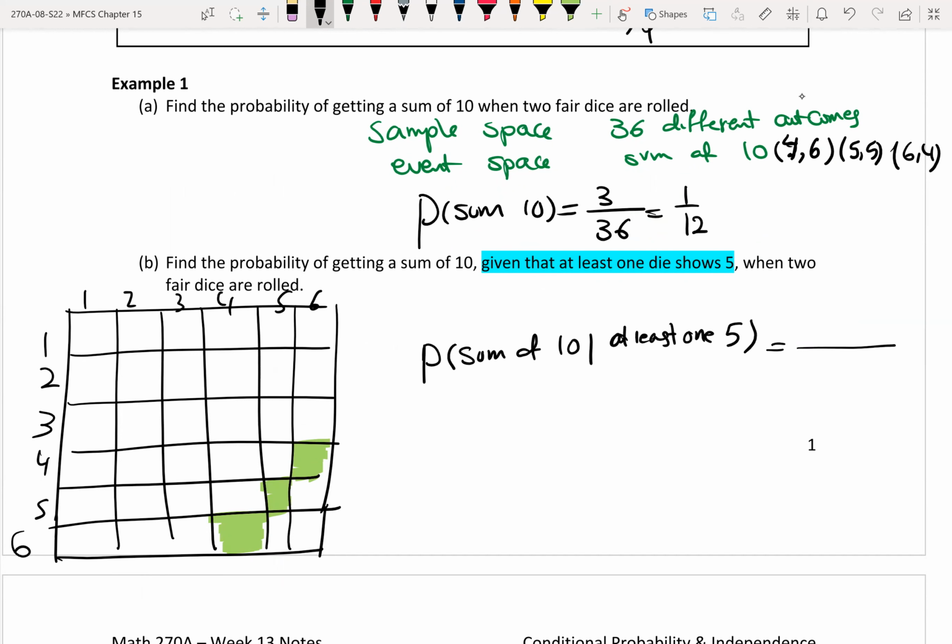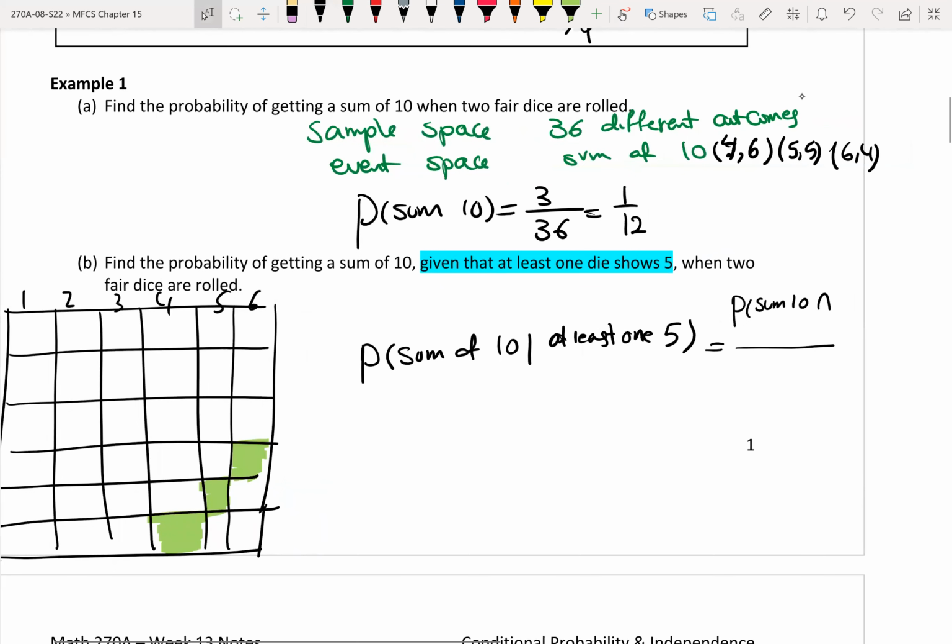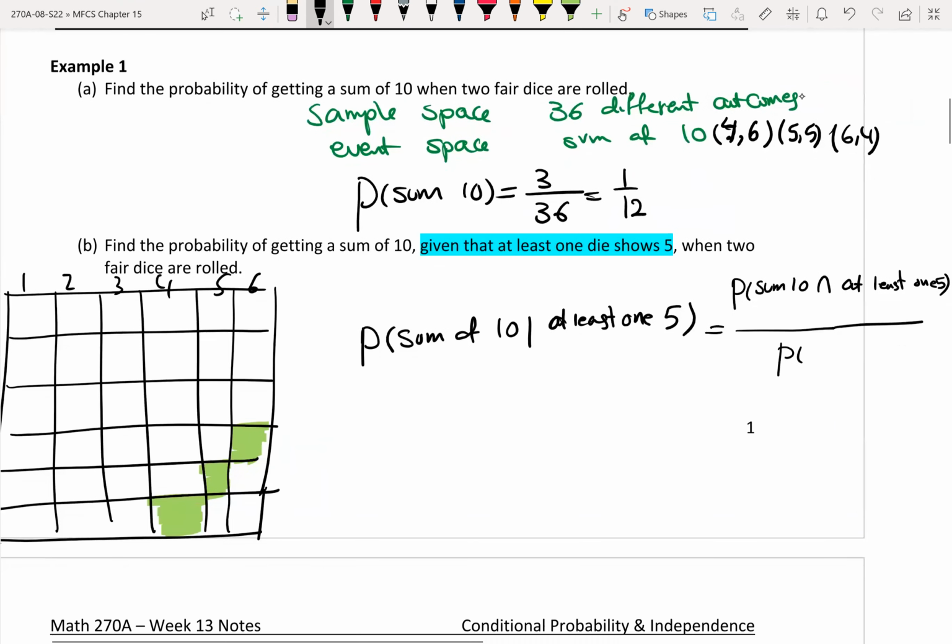I'm going to follow the formula. Probability of sum 10 intersected by at least one 5, divided by the probability of, what's the denominator? At least one 5.